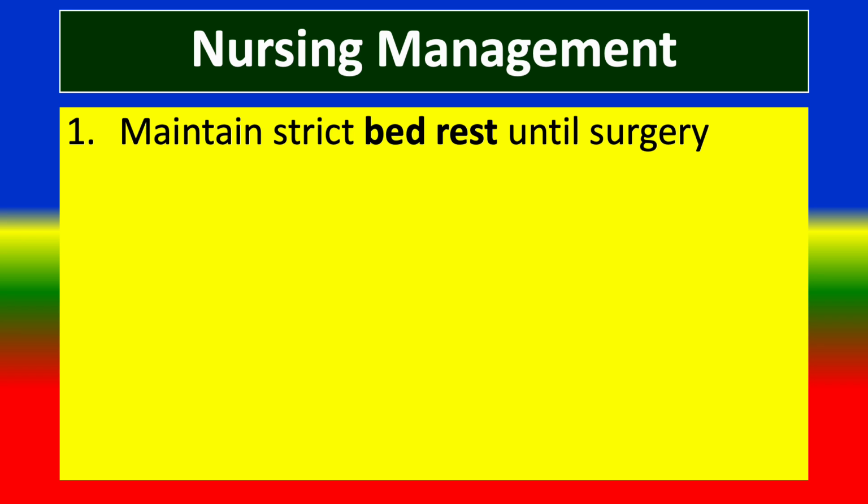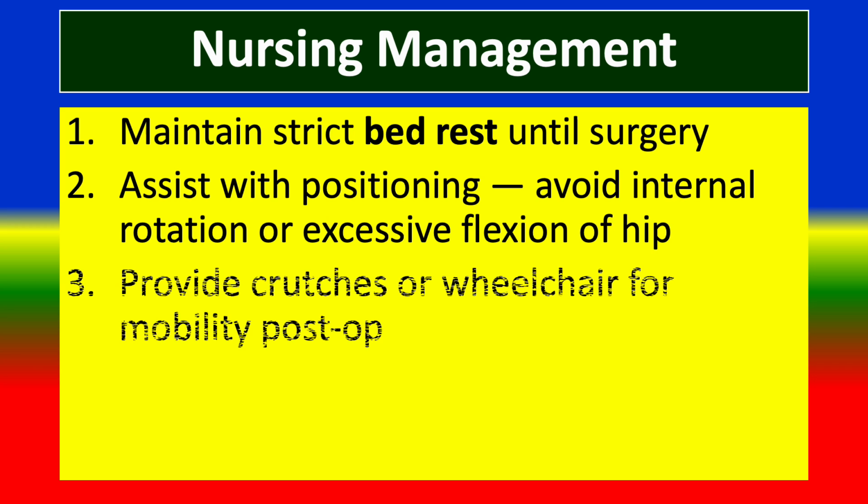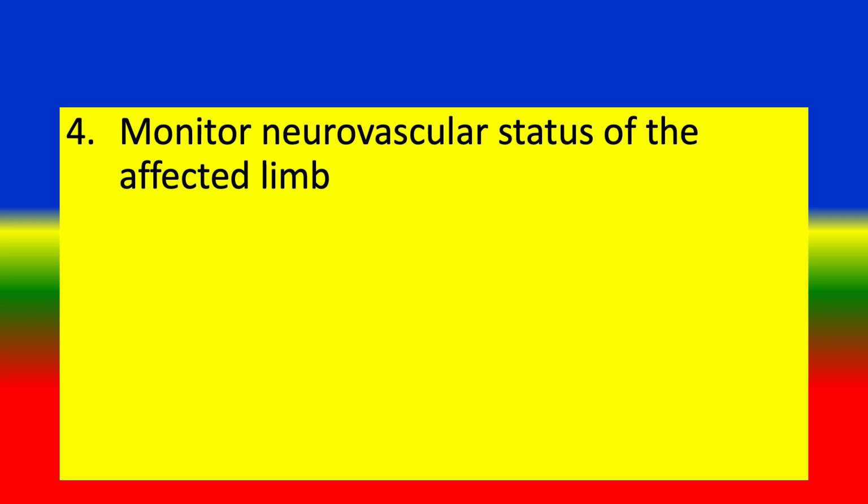Nursing management. 1. Maintain strict bed rest until surgery. 2. Assist with positioning. Avoid internal rotation or excessive flexion of hip. 3. Provide crutches or wheelchair for mobility post-operation. 4.